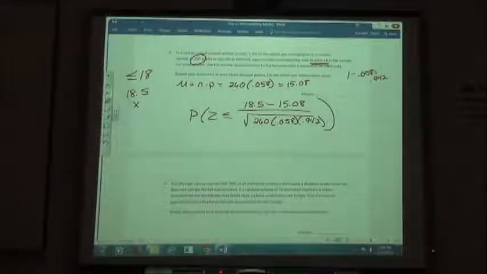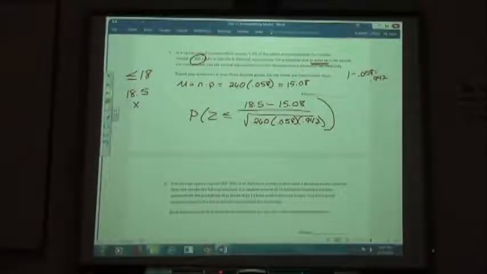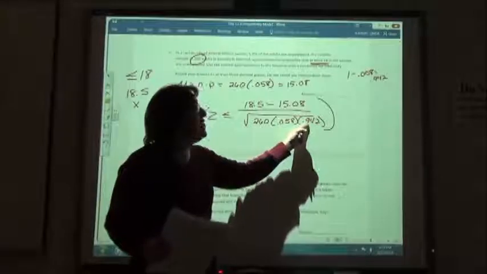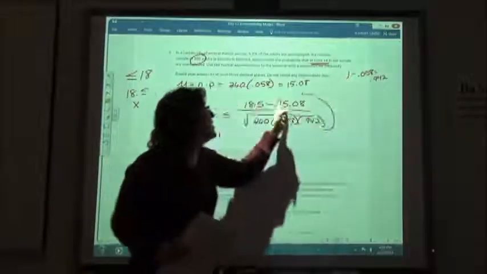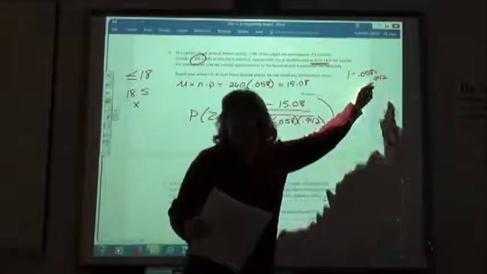That's what we want to have when we punch it into the calculator then. Here we have to do 1 minus P for our formula and our standard deviation. So we did 1 minus our 0.058, which gave us 0.942.